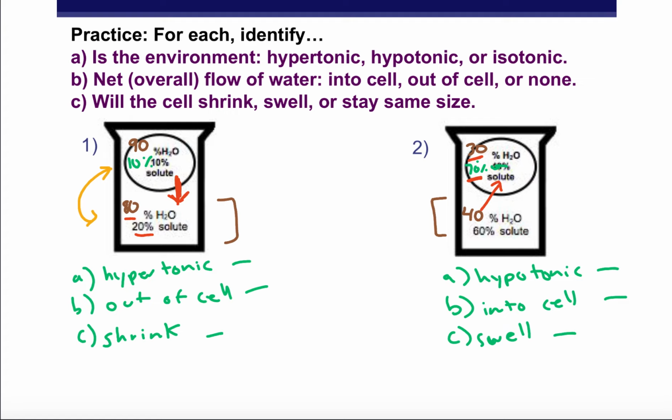So the terms hypertonic and hypotonic have only to do with the comparison between one thing to another. So the outside on number 1 is hypertonic when you compare it to the cell. The outside on number 2, though, even though it has a higher concentration compared to 1, we're not comparing it to number 1. We're comparing it to the cell in number 2. And the outside on number 2 is hypotonic compared to the cell in the picture for number 2.